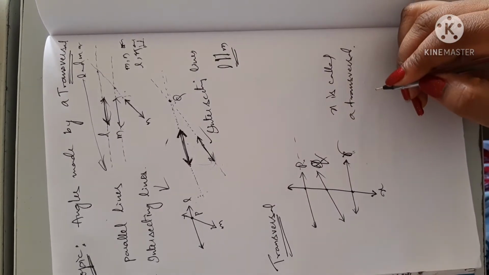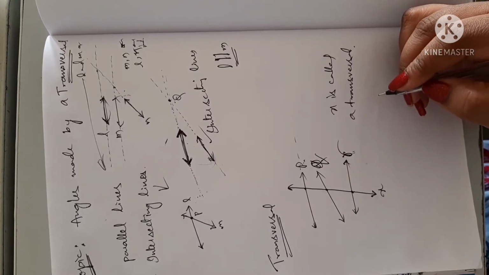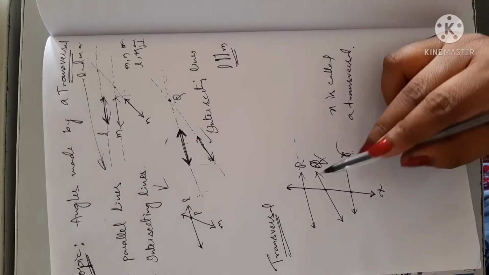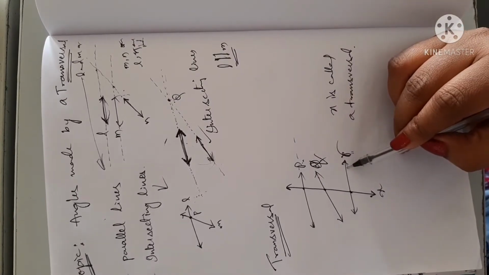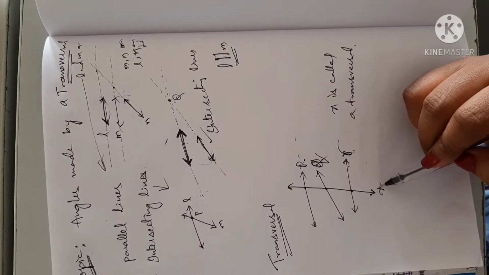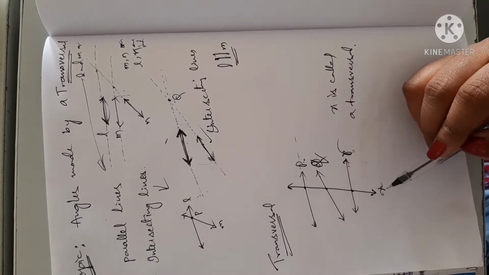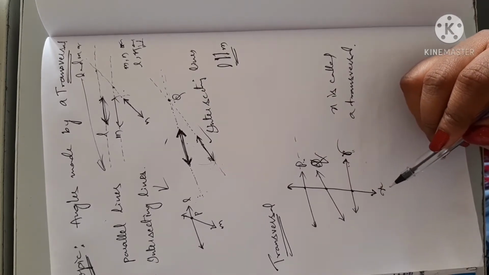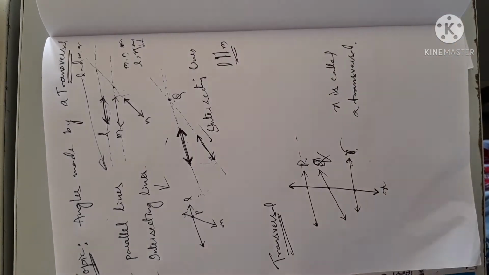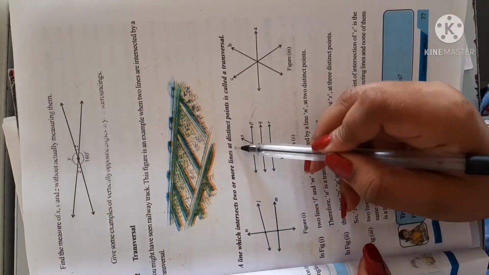You can say a line is called a transversal when it intersects 2 or more lines at distinct points. If you want a mathematical definition: a line which intersects 2 or more lines at distinct points is called a transversal.